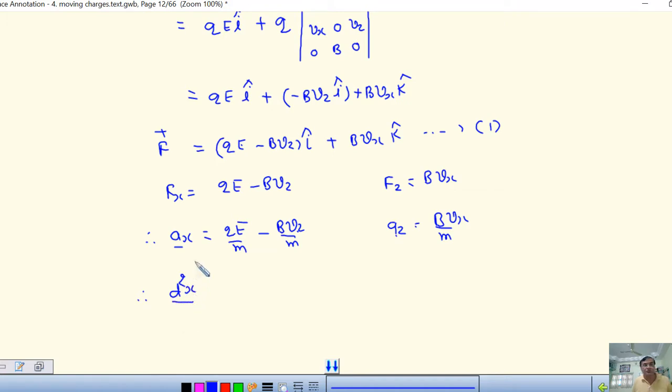So d2Vx by dt2, I take the second differentiation, this is 0 minus QB upon m dVz by dt, and this is nothing but az, so I replace this. Q is there, I forgot this Q, this is also Q.